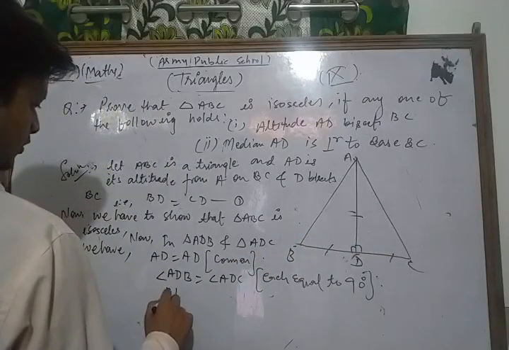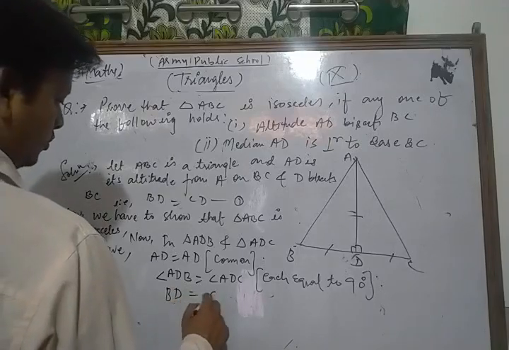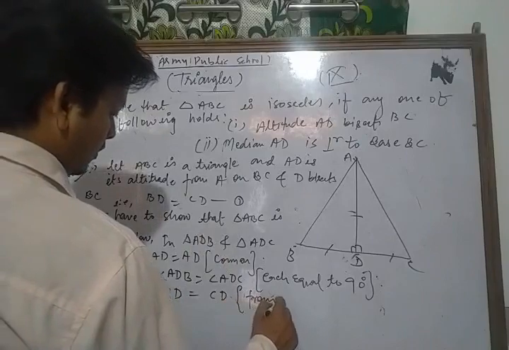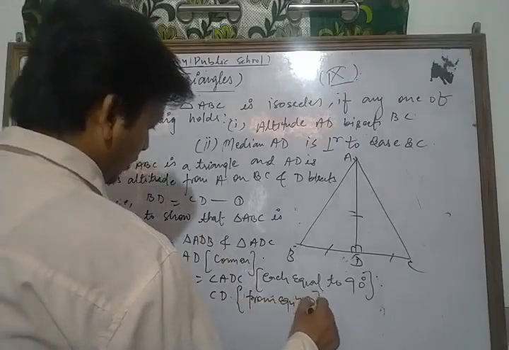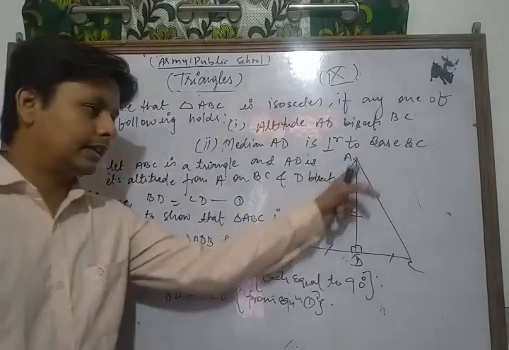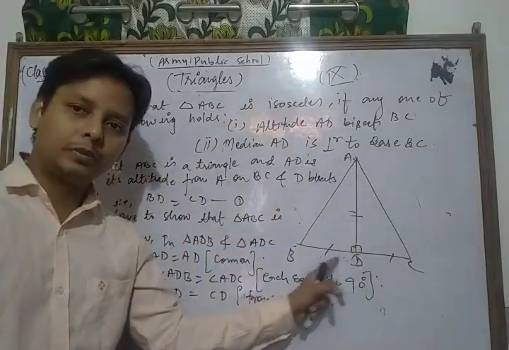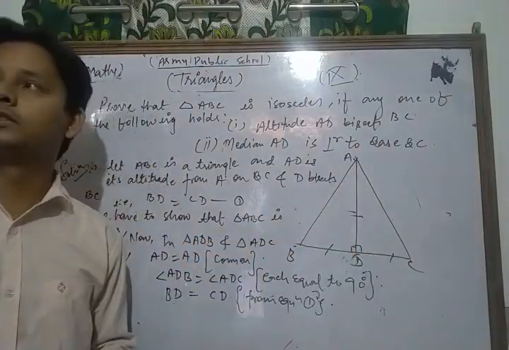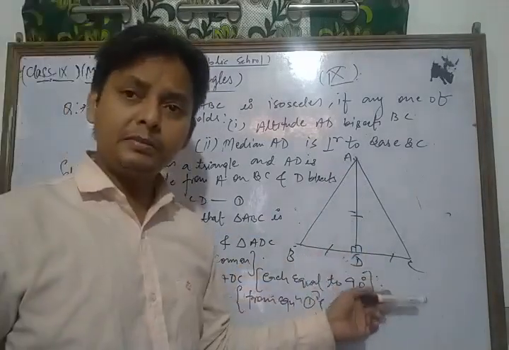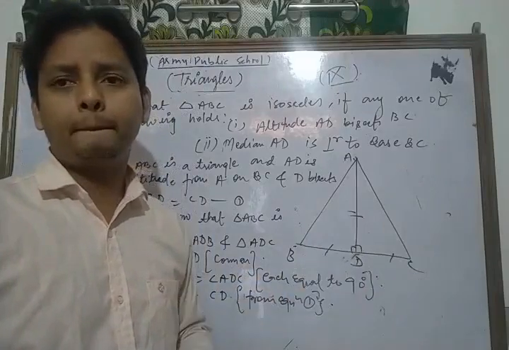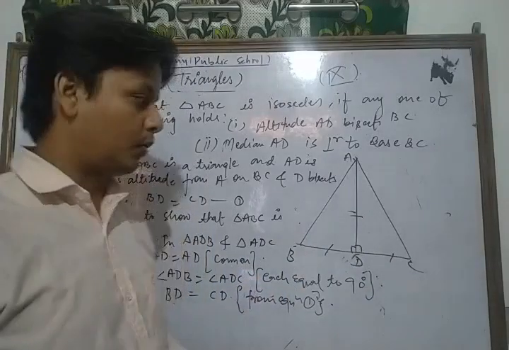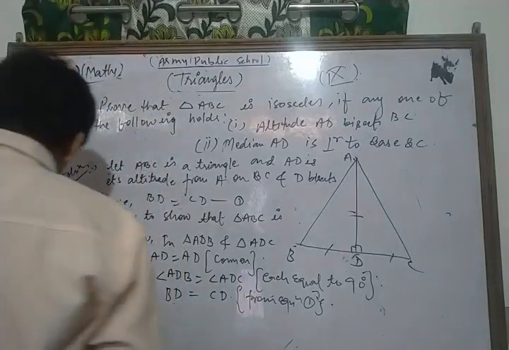And BD is equal to CD from equation 1, because the altitude bisects its base BC, meaning it divides it into two equal parts.